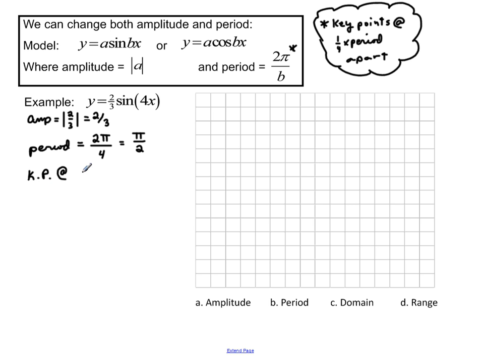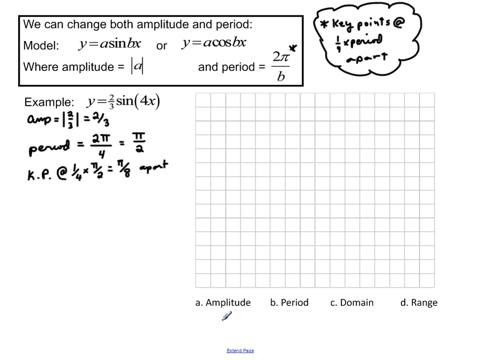So we're going to find that by taking 1/4 and multiplying that times the period, pi over 2, and we're going to find that each of our key points will be pi over 8 apart from one another. So when we're making up our table, we're going to give increments of pi over 8.